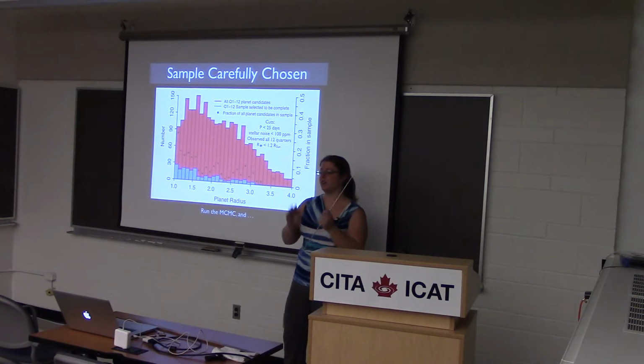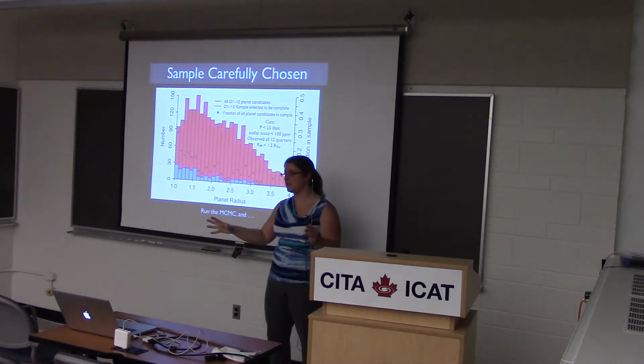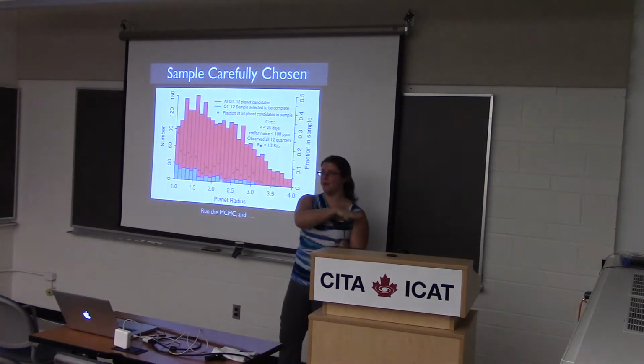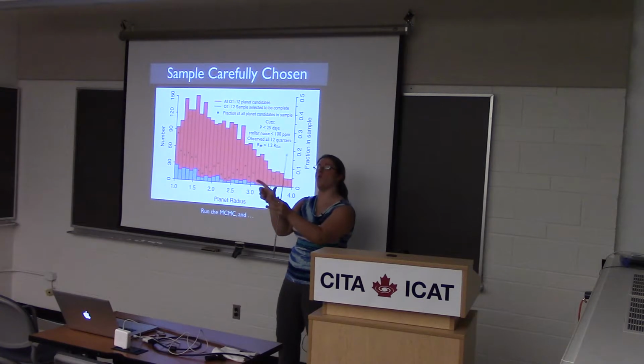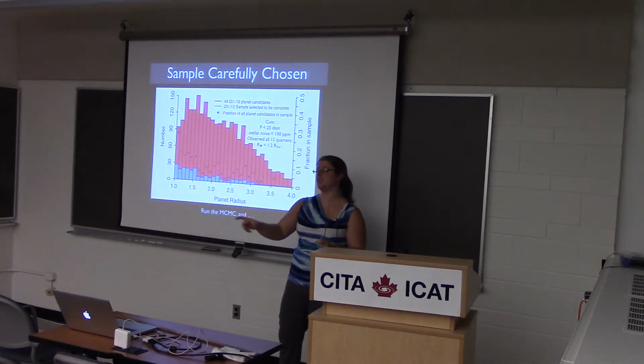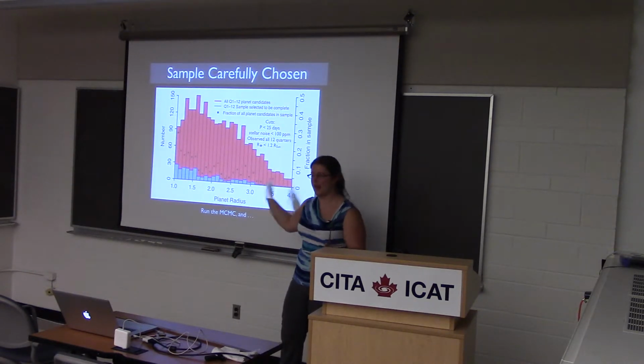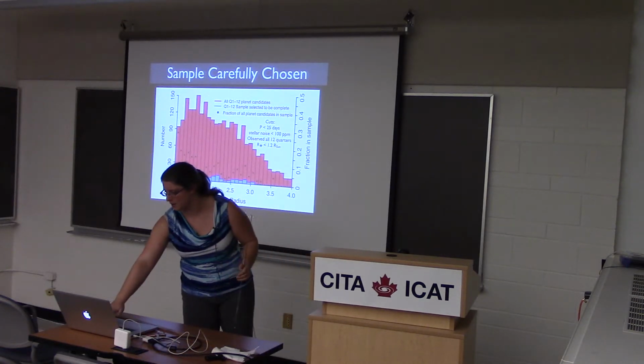Because there's such a strong relationship between planet radii and planet compositions, we're using the shape of the radius distribution to inform what the composition distribution is. We need to make sure that that radius distribution is not subject to any of these systematic effects. All right, so that's why we care so much about this.